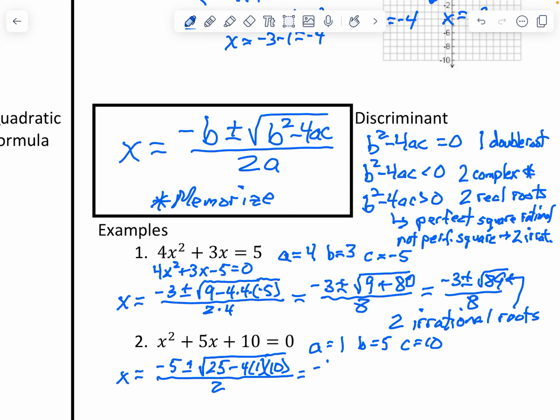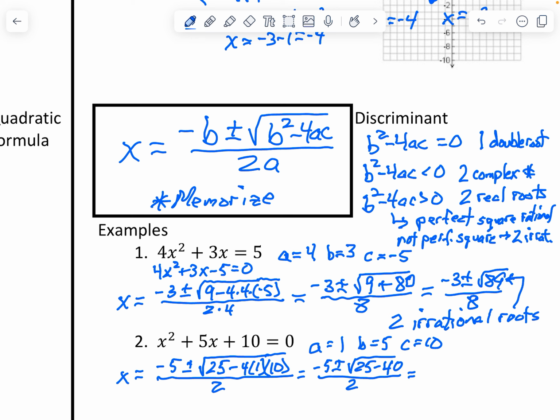So I get negative 5 plus or minus the square root of, now here I'm going to have 25 minus, notice that's 40, that's going to be a negative number underneath my square root.